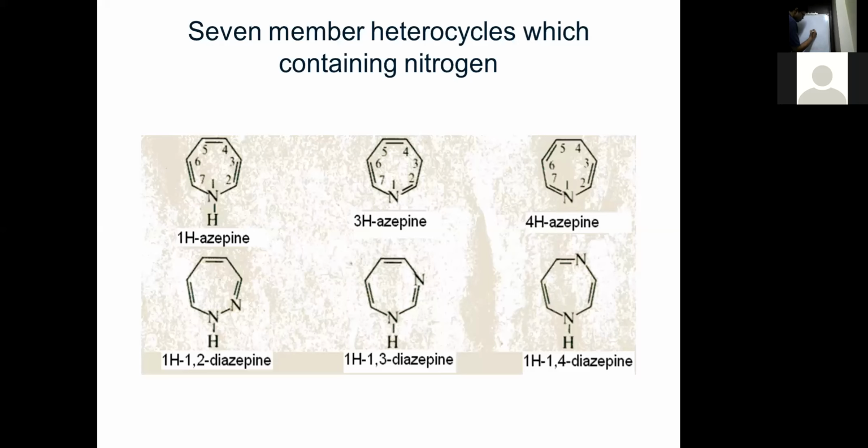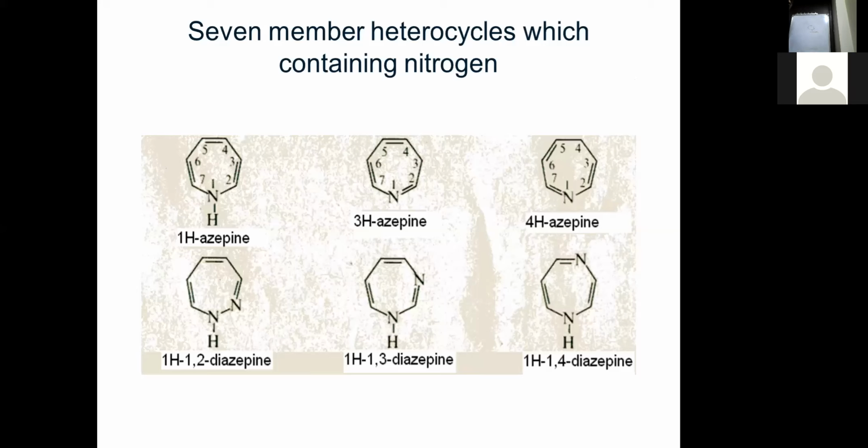There is HN, 1, 2, 3. So this is that. Now what is the name? Since it has two nitrogens associated with this compound, it is known as diazepine. And the positions 1 and 2 represent the positions where there are nitrogen atoms. So this is 1,2 diazepine.